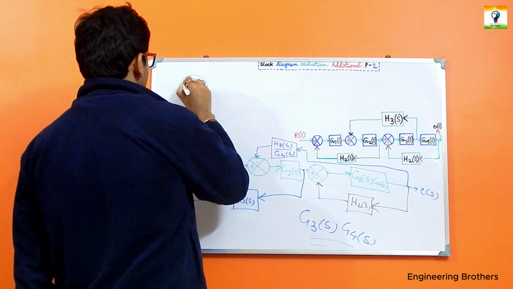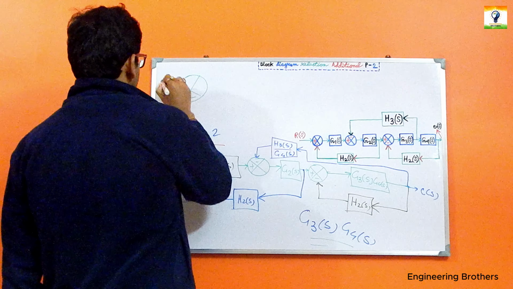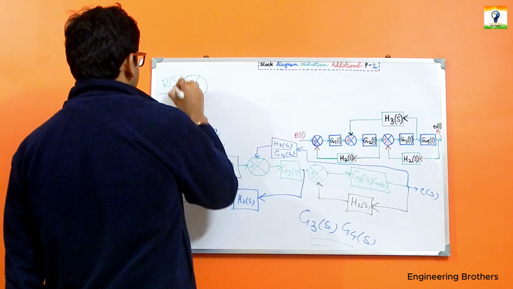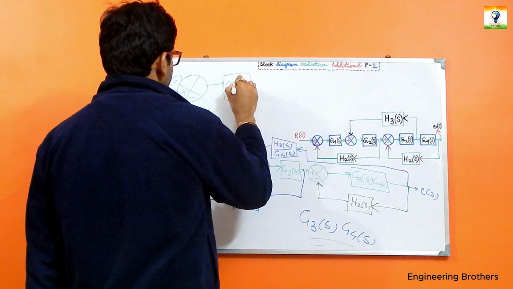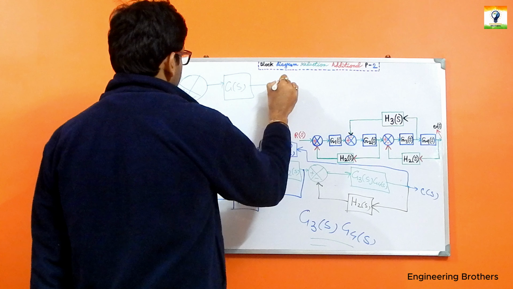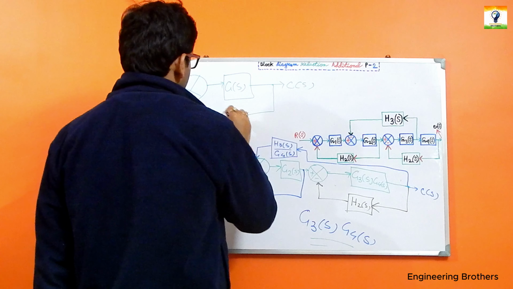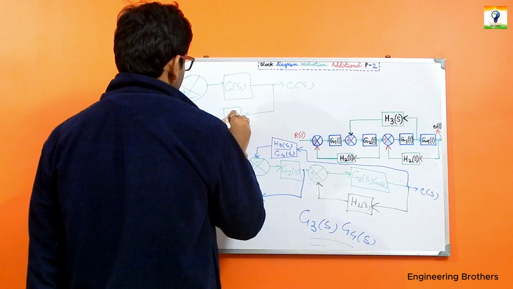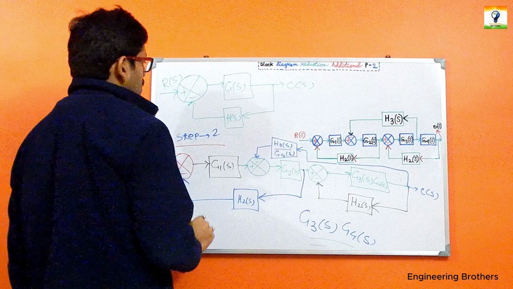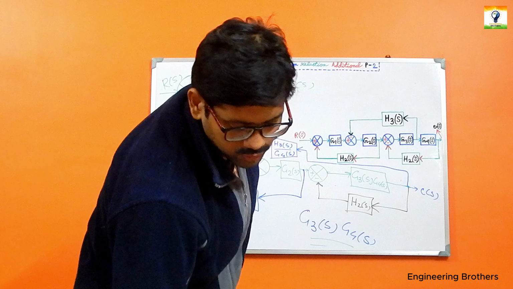I am just going to remind you over here. If this is our block diagram, here this is our RS, and after this, quite naturally, our GS, and this is going to be our CS. Now if you have got a feedback path of our HS over here, then what is going to be the transfer function for this closed loop control system?